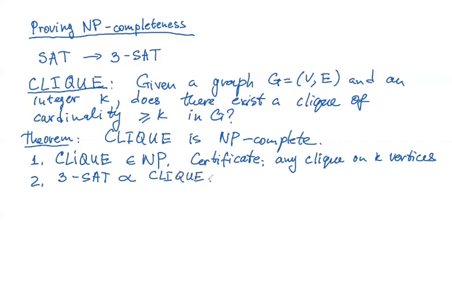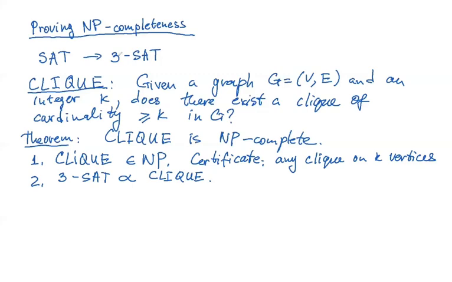For polynomial time reducibility, we need to provide a reduction from 3-SAT to CLIQUE. Given an instance of 3-SAT, we need to construct an instance of CLIQUE in a way that by solving the CLIQUE problem, we can solve the 3-SAT problem.